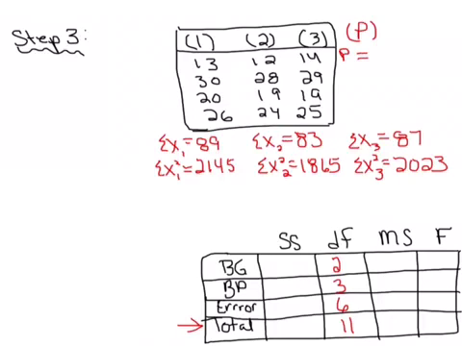So 13 plus 12 plus 14 is 39. 30 plus 28 plus 29 equals 87. This person's 20 plus 19 plus 19 is 58. And this person's 26 plus 24 plus 25 equals 75.